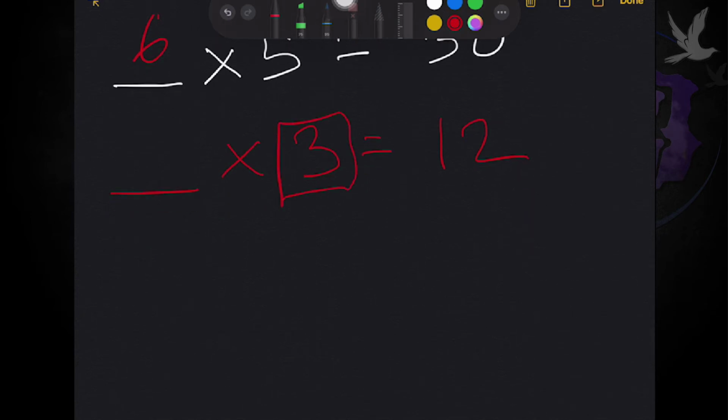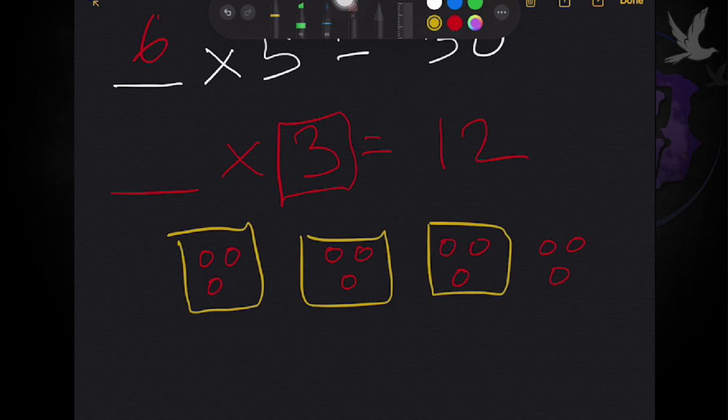Try natin i-group. So we have 1, 2, 3, 4, 5, 6, 7, 8, 9, 10, 11, 12. Okay, this is just to show you. Kung mapansin nyo, we have now reached 12. And how many groups do we have? 1, 2, 3, 4. So we now have an answer of 4. Okay? So it means that 4 times 3 is 12.